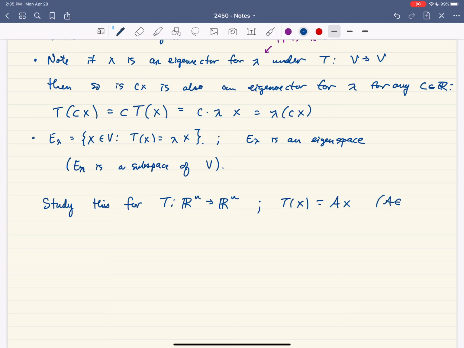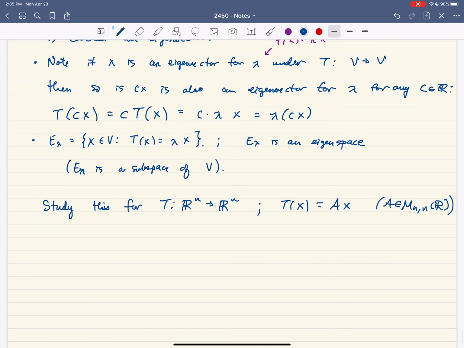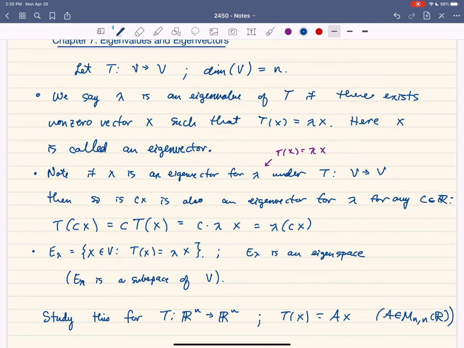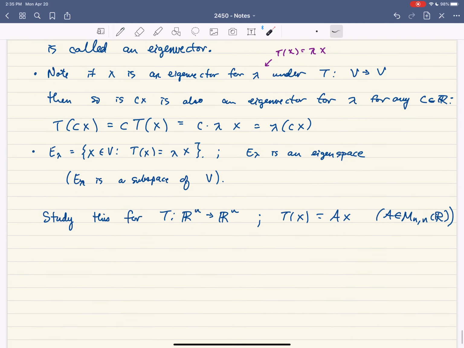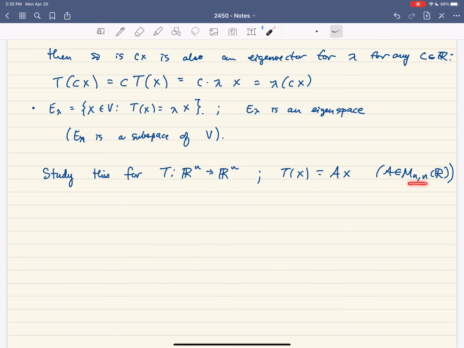Here A is an n by n matrix. It's square, so it has the same number of rows and columns. In this case, we're calling that n. Notice that I'm using n slightly differently here. Before, n was the dimension. Here the dimension is n squared.